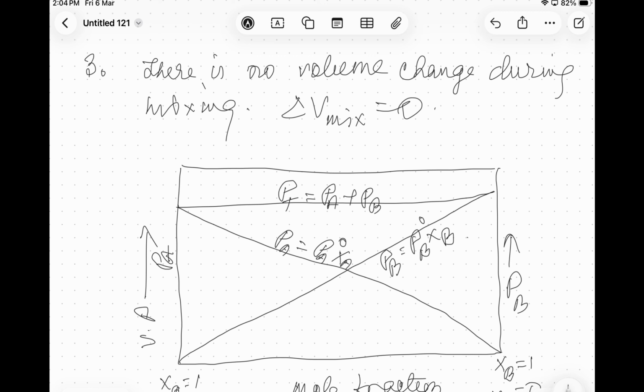Now, take examples of ideal solution. What may form ideal solution? Benzene has similar structure as that of toluene.